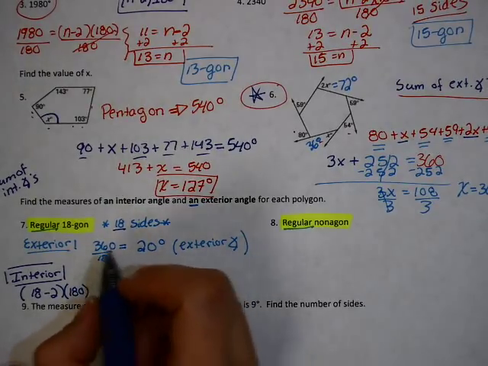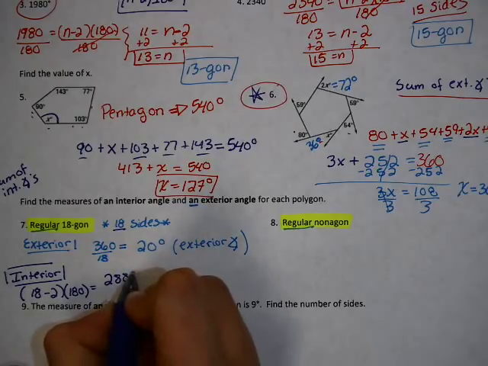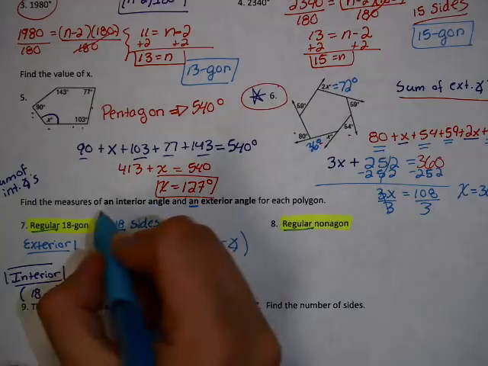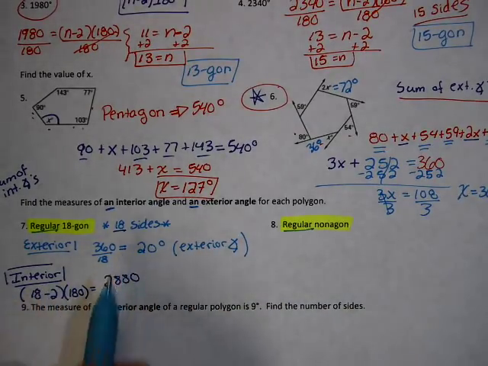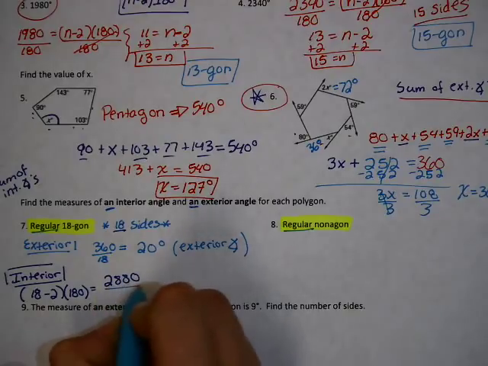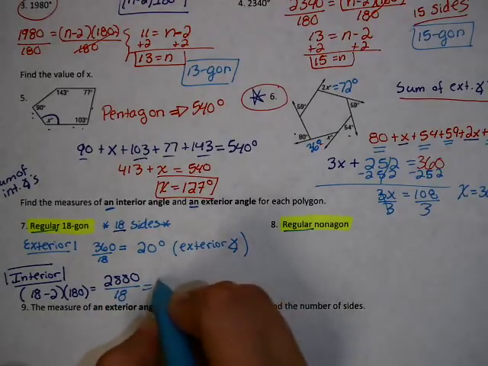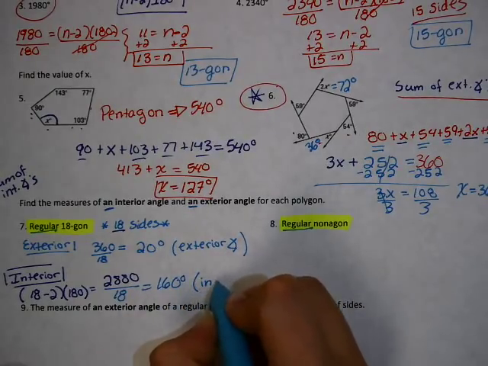And that gives me a value of 2,880. The next step to find one interior angle, since I need one of them, is to divide by the number of sides I have. That gives me a 160 degree interior angle.